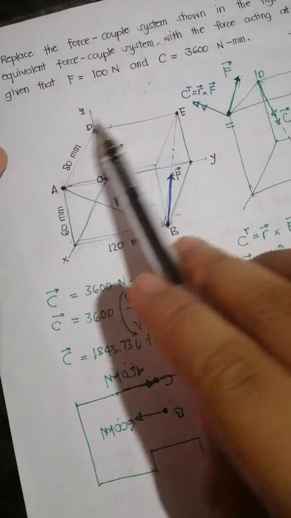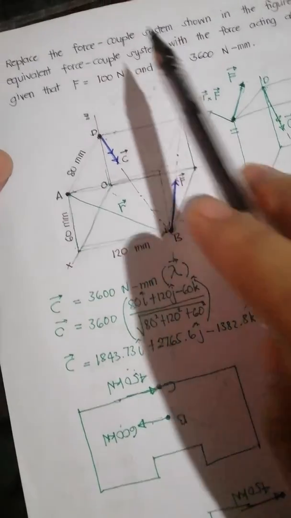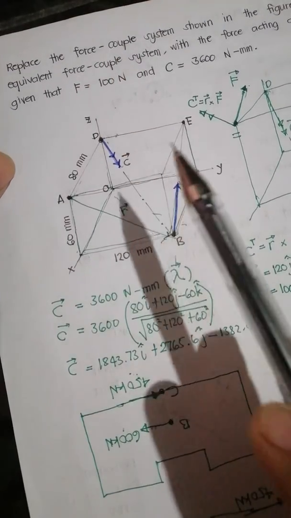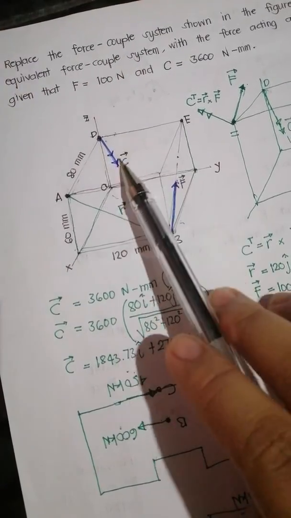So what the problem wants us to do is replace this original force couple system. This is called a force couple system because it contains a force vector and a couple vector.